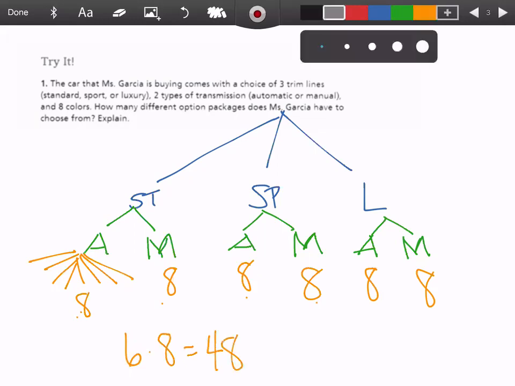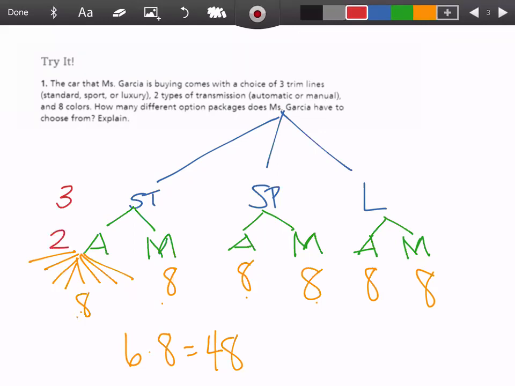But again, let's think back to what options we had. We had 3 different types of cars. We had 2 different types of transmissions. And then we had 8 colors. So we can get the same thing by taking 3 times 2 times 8, and we still get 48.